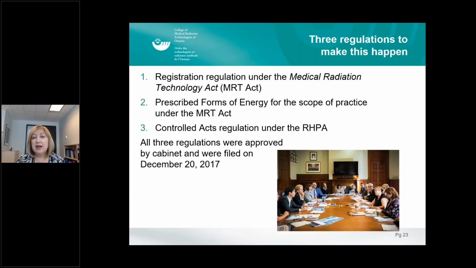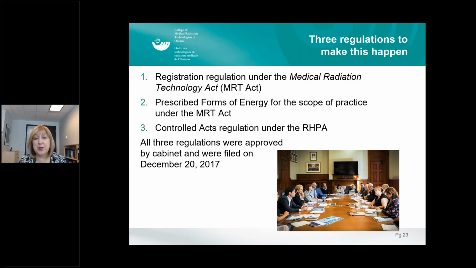So in order for sonographers to be regulated with CMRTO, we needed to have 3 regulations to make this happen. We needed our registration regulation under the MRT Act, our prescribed forms of energy regulation for the scope of practice, the one we just looked at that puts sound waves in our scope of practice statement, and also a controlled acts regulation under the RHPA for the ordering and administration of sound waves.